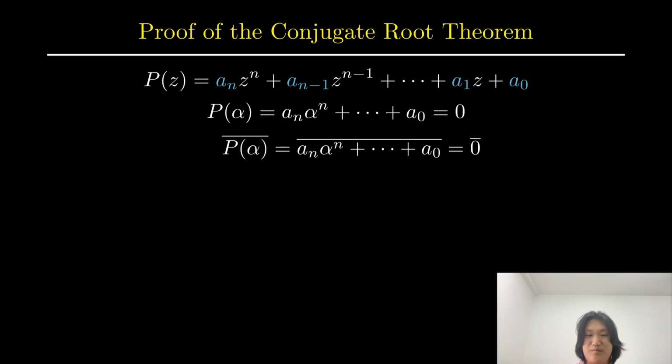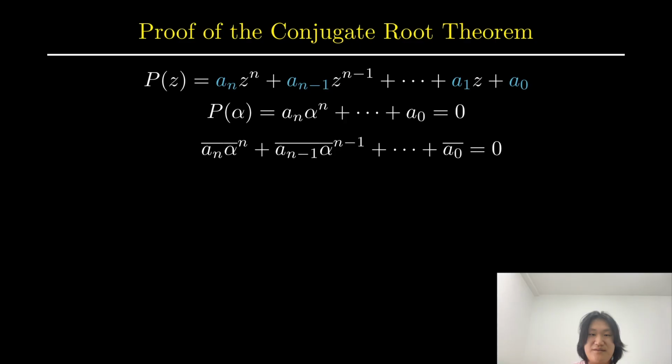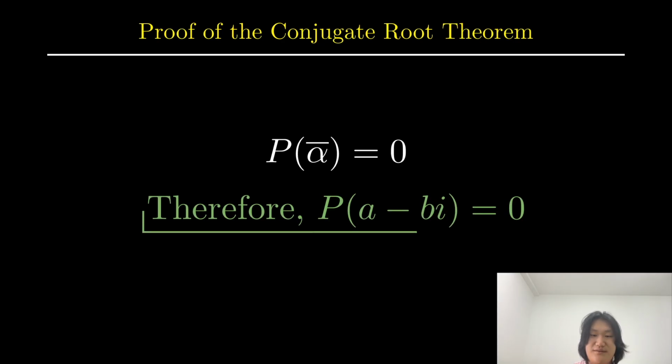We take the conjugate on both sides of the equation, and we take the power out of the conjugate. Since our coefficients are all real, the conjugate of a real number is itself. So we get p of the conjugate of alpha equals 0. So a minus bi is also a root of the polynomial p of z equals 0.